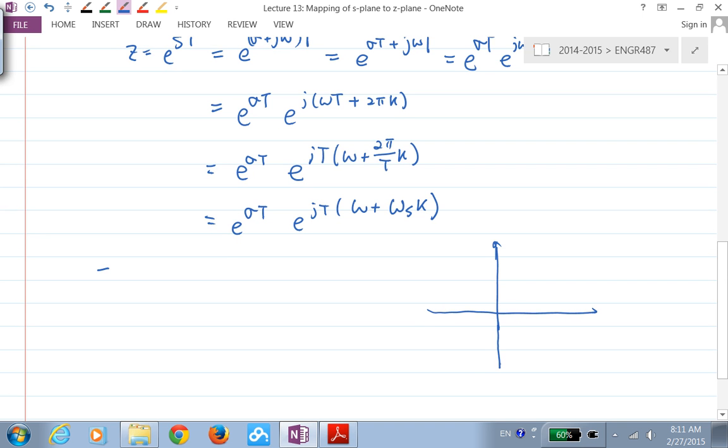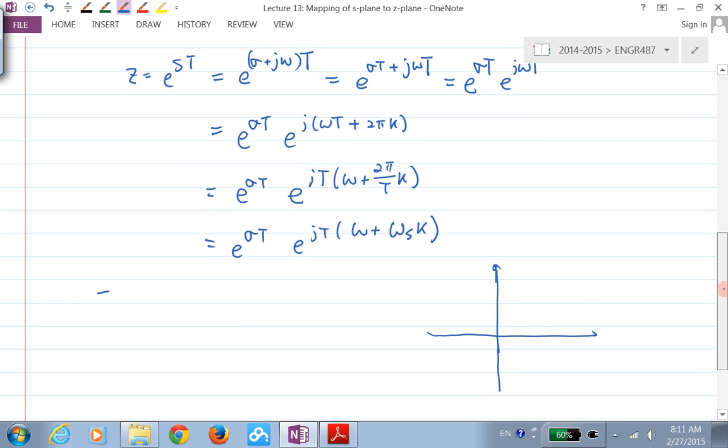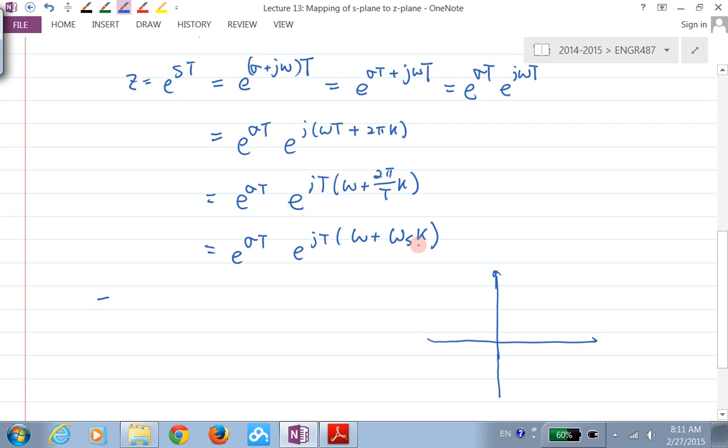Look at this one. When you set k equal to 0, or 1, or 2, or 3, they all end up with the same z, right? They're all the same z.